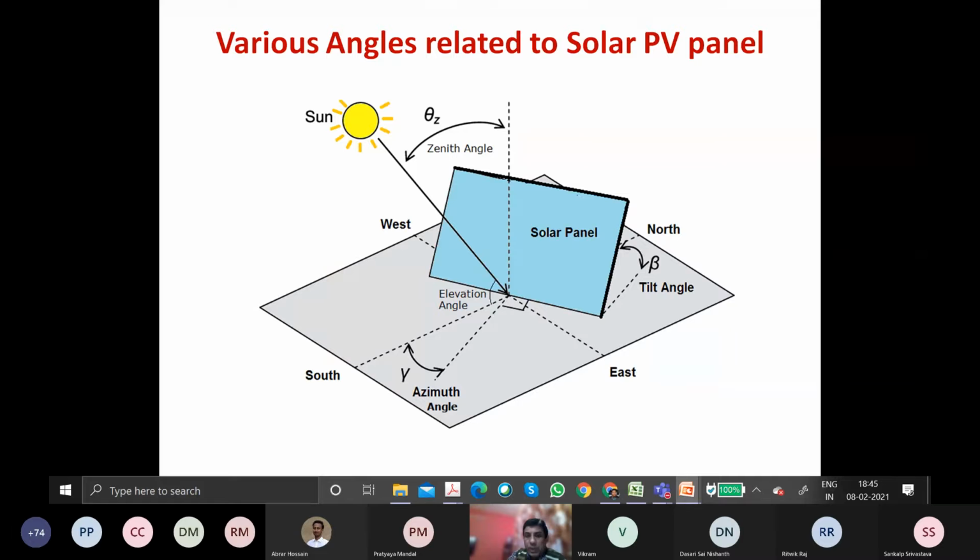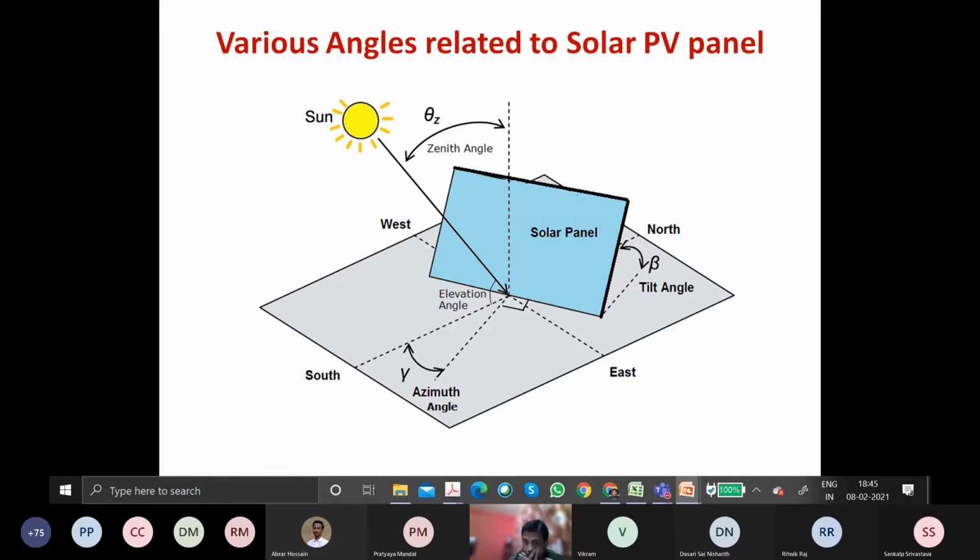So what is the point of doing all this solar geometry? Why do we need this? The point is that the solar radiation falling on a particular location at a particular time of day has to be accurately estimated. For that, all these angles, and many other angles I have not shown here, have to be incorporated, and there is a mathematical model to calculate that.